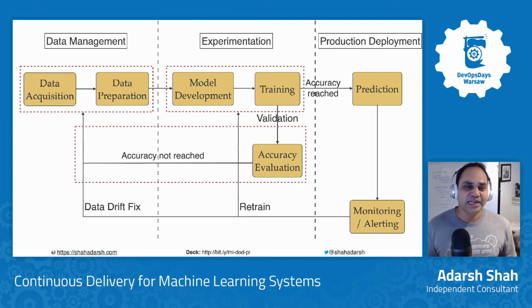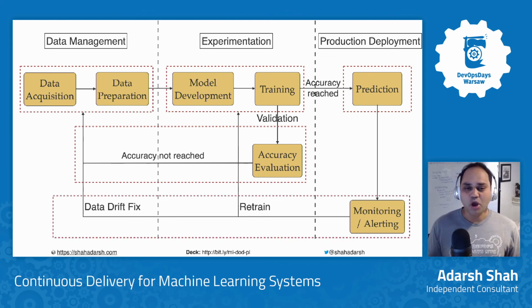So there's this validation step where, if they don't reach the accuracy level, they keep on going and keep trying various things until they reach that accuracy that they expect out of the model. Once they start getting that, the model along with the program gets deployed to production. And then it starts doing predictions, as we saw in the previous diagram as well.